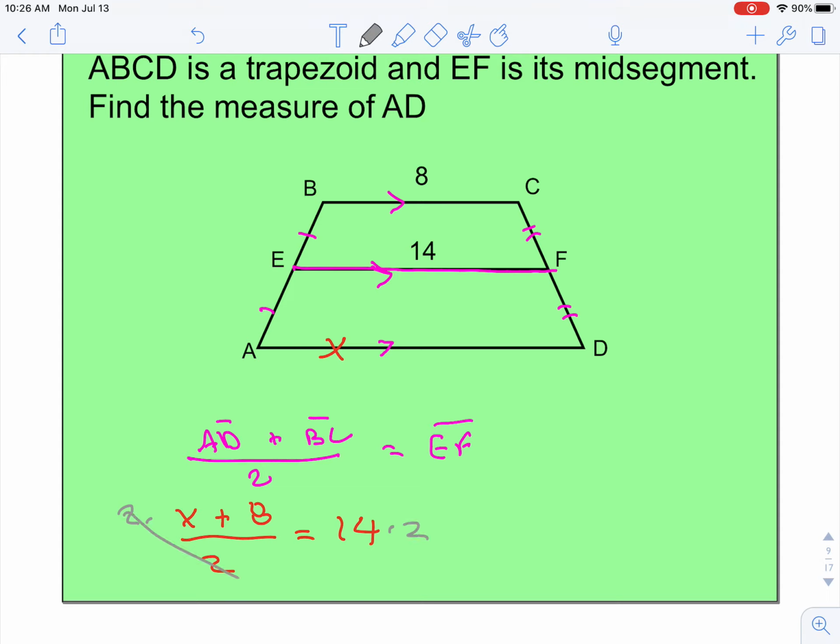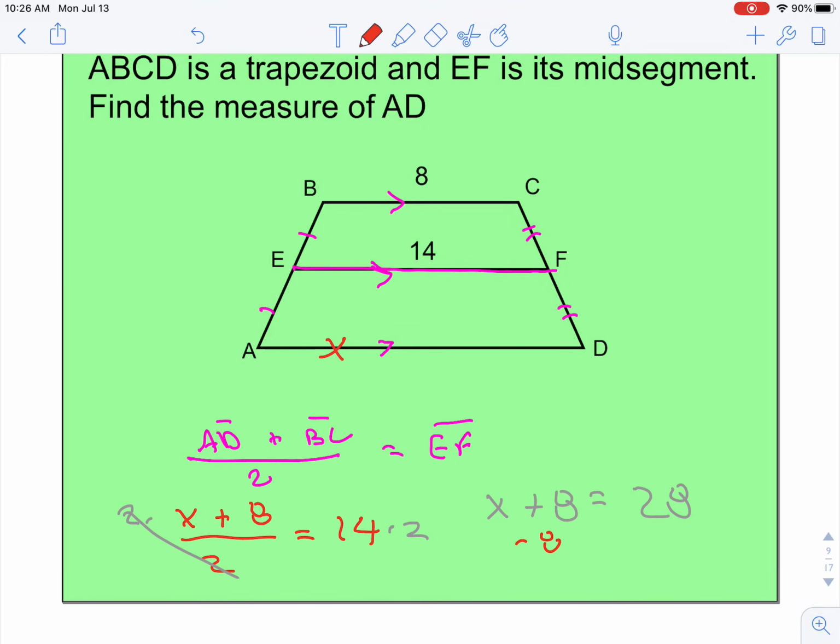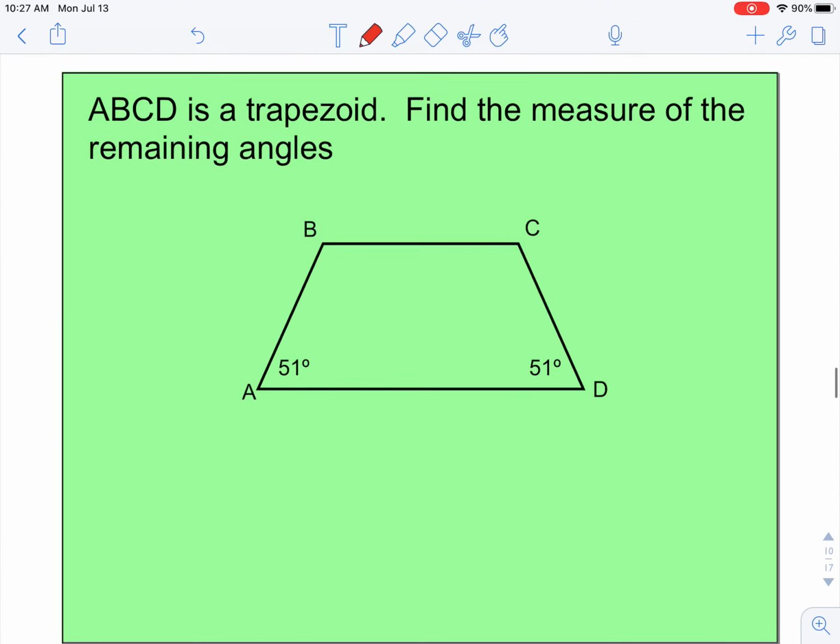Now some of you could probably just do this in your head intuitively, and that's certainly fine. But now we're going to multiply each side by 2, which gives us X plus 8 equals 28. Now I'm going to subtract 8, and I get X equals 20. So AD is 20 units.